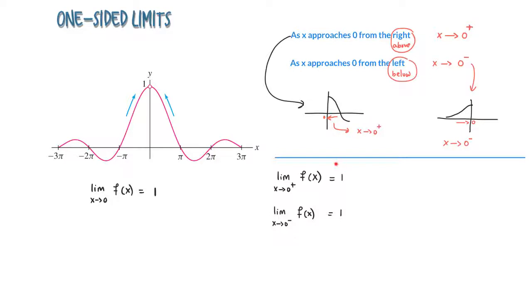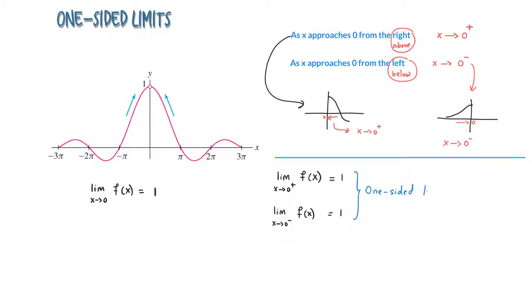And what is really nice about these limits is that now we are specifically talking about what the function is approaching on one side of 0 and what the function is approaching on the other side of 0. So each side at a time. These limits have a special name. They are called one-sided limits.